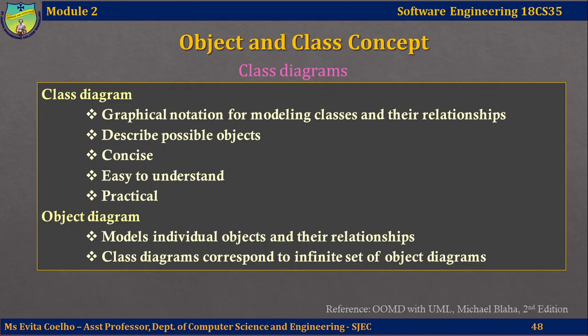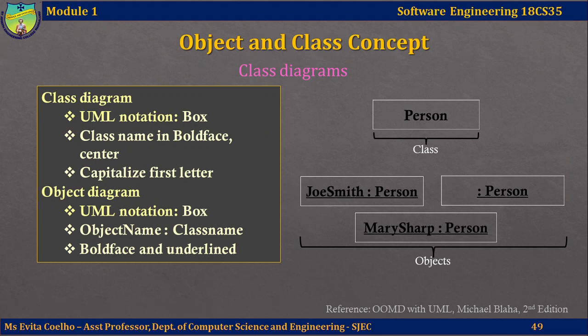What I mean to say here is, the class diagram is like a template. Using this template, I can create multiple objects for the same class, and I can represent each of these objects using an object diagram. Let's take a look at some examples.